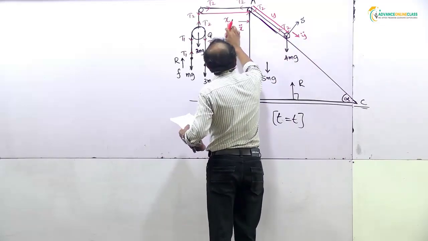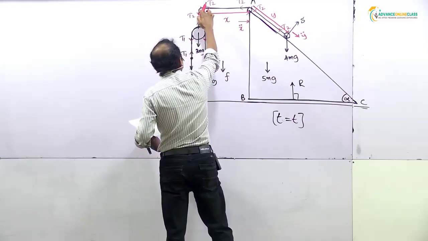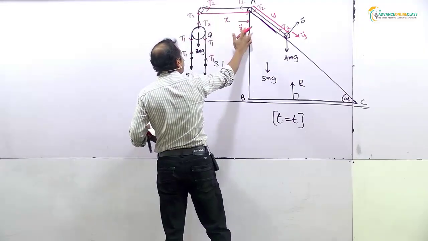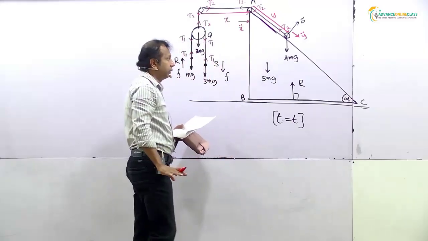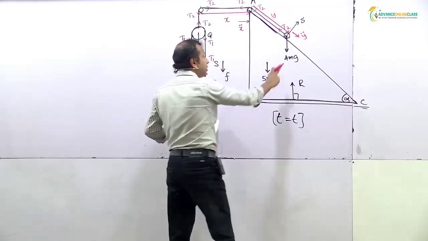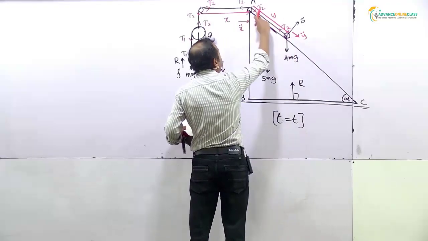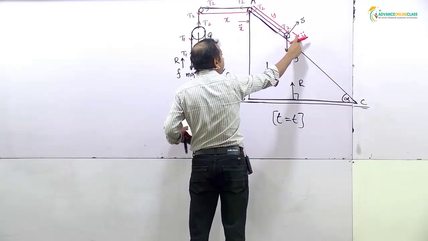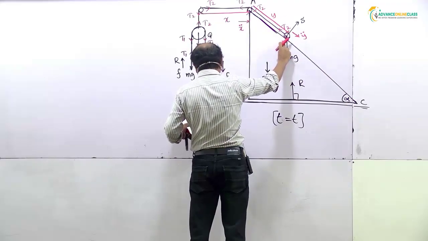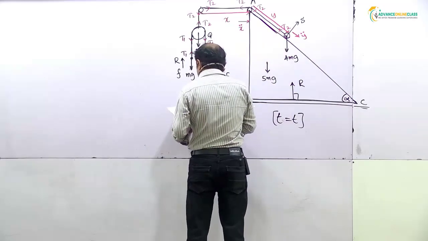Right. This x has been measured from a stationary point on the earth. Therefore, this x double dot is the acceleration of this wedge relative to earth. But this y is the distance to this 4m from a point on the wedge. Therefore, this y double dot is the acceleration of this particle relative to wedge.